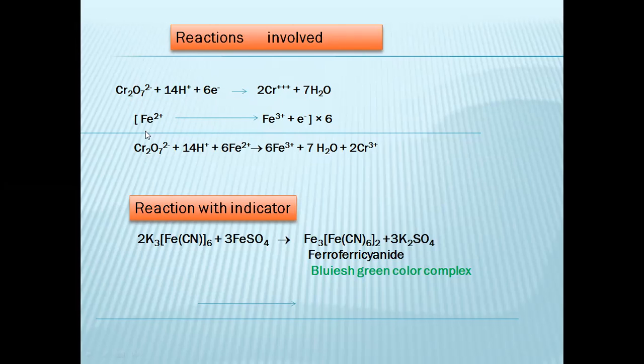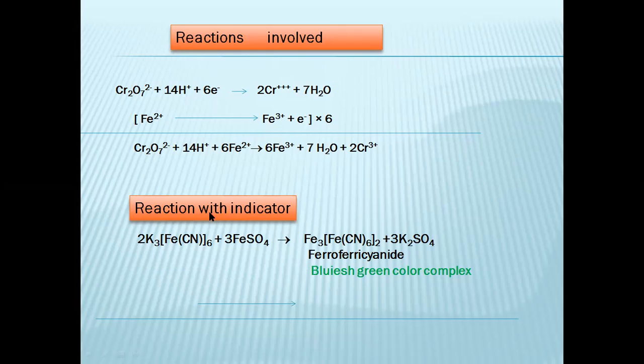So here Fe2+ to Fe3+, oxidation is taking place, and Cr6+ is reduced to Cr3+. That is, both oxidation and reduction take place simultaneously. The overall reaction is Cr2O7 2- + 14H+ + 6Fe2+ gives 6Fe3+ + 7H2O + 2Cr3+.